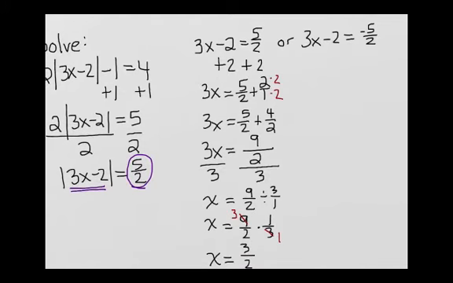Now we'll solve the second equation, and we'll add 2 to both sides. So we get 3x is equal to negative 5 halves plus 2, which we can think of as 2 over 1. And again, in order to add fractions, I need to have a common denominator.